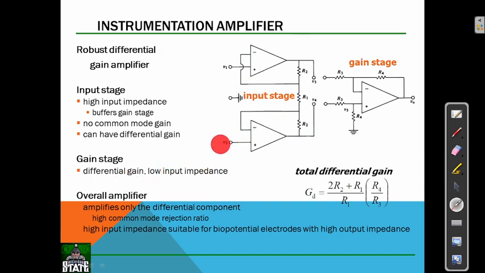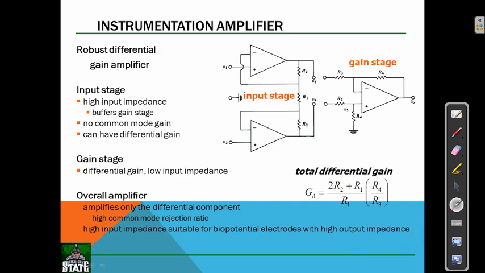See, here it is high input impedance and here it is low input impedance. The overall amplifier amplifies only the differential component, with high common mode rejection ratio and high input impedance, suitable for bio-potential electrodes, with low output impedance.